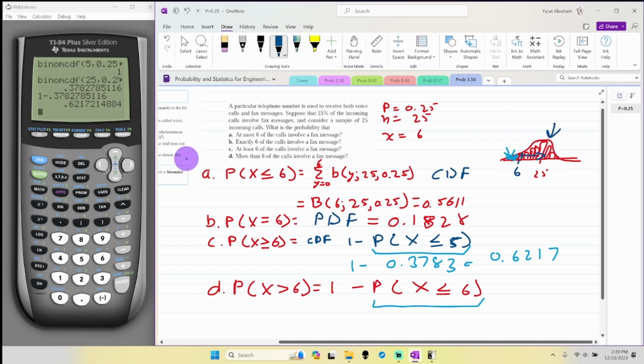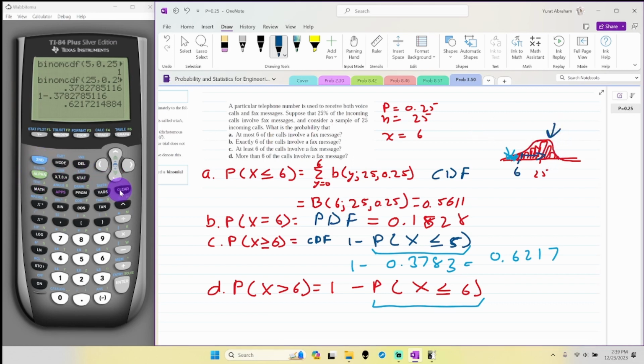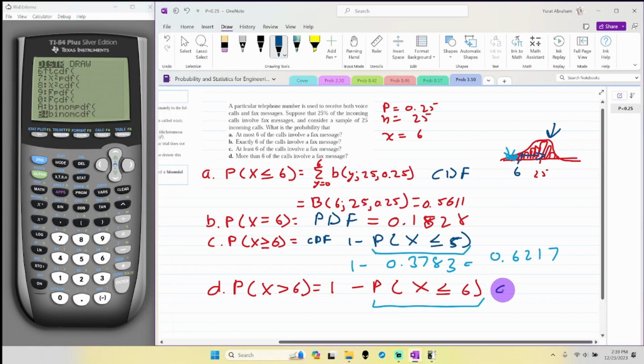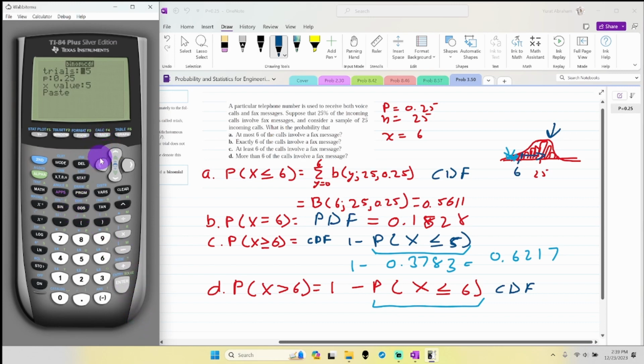Okay, so let's go ahead and do this in the calculator. Let's clear this. Second vars, all the way down to binomial distribution CDF. Remember, we're doing CDF here. Press enter. Trials is 25.